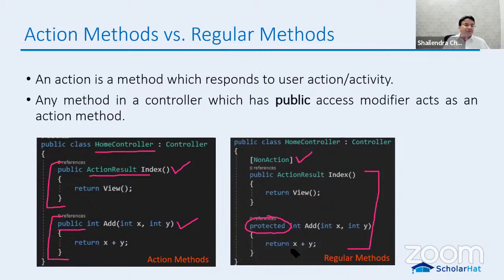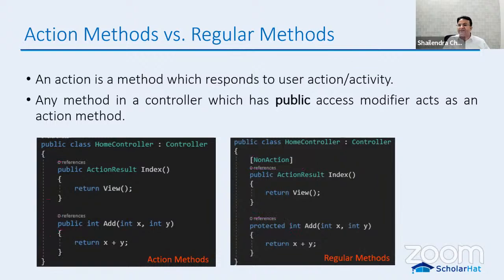So anything which is not public, or which is decorated with the NonAction attribute, will behave only as a regular method. But anything which is public inside a controller will always be an action method, and I can call it using the URL simply. I hope it makes sense now.